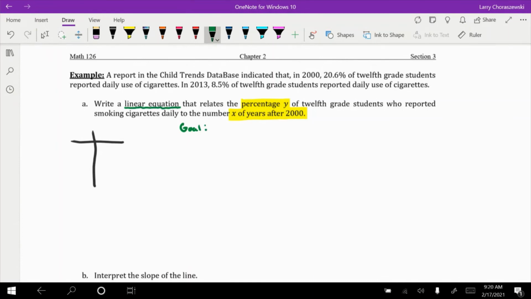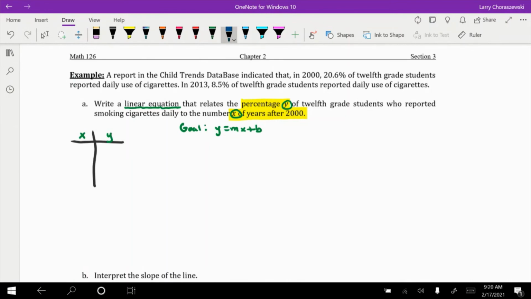And we can assume that they want it in the format y equals mx plus b. Now we're not going to change any of these variables. They still want us to use the variable y and also the variable x. So in the table, label the first column as x and the second column as y.